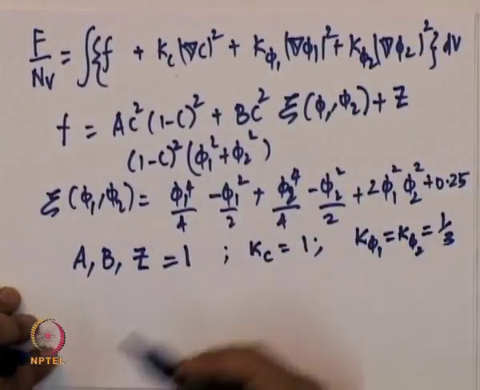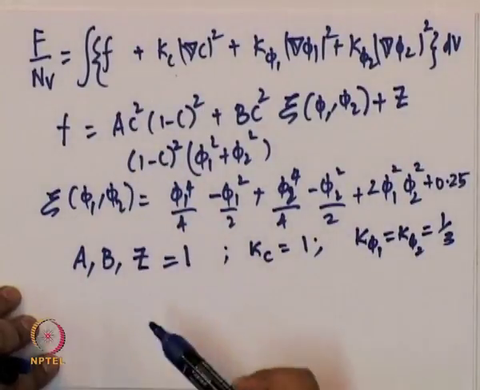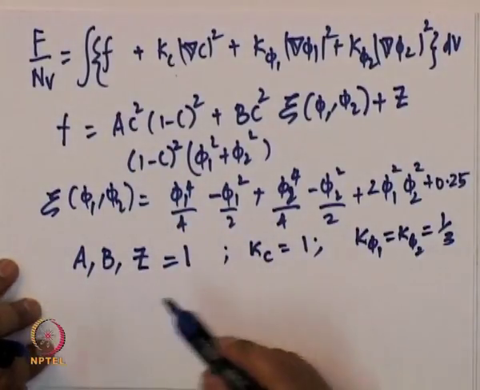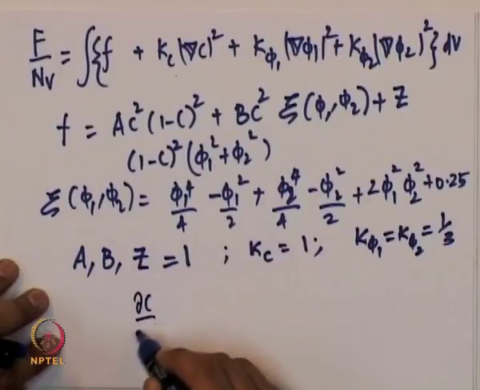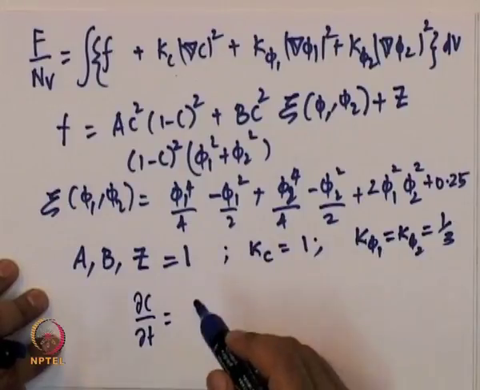Now, we need to look at the evolution equation. Of course, because there is one conserved order parameter, you have to write the Cahn-Hilliard equation for that. So, dou C by dou T, we would assume that the mobility is constant and unity.